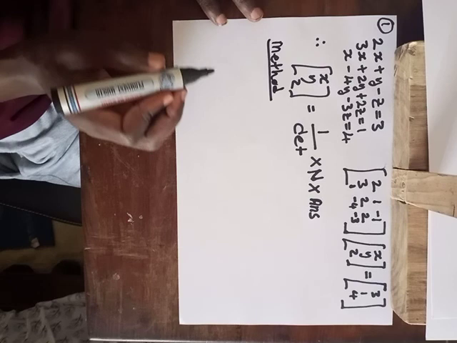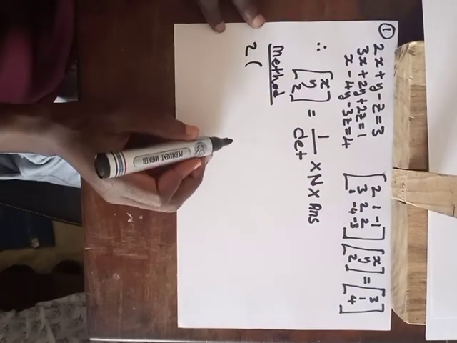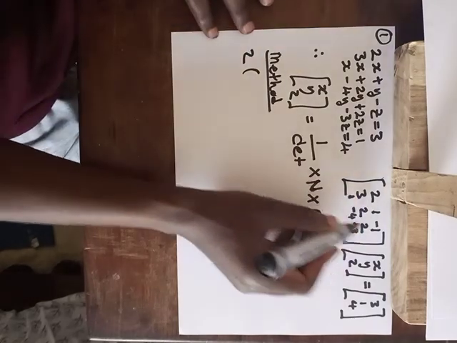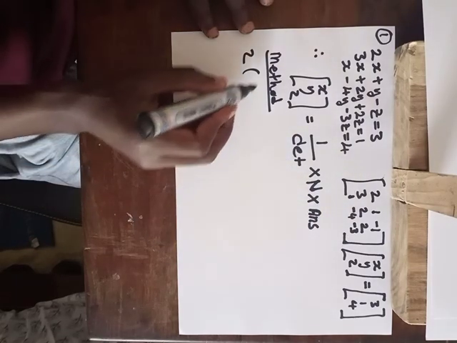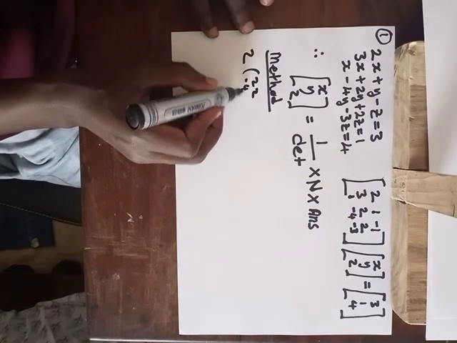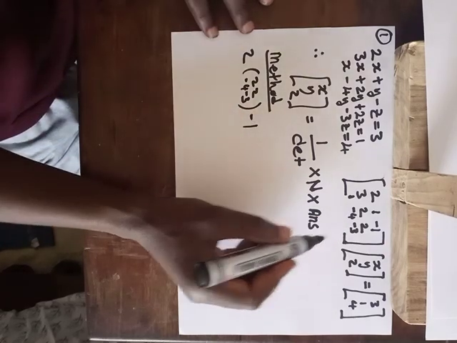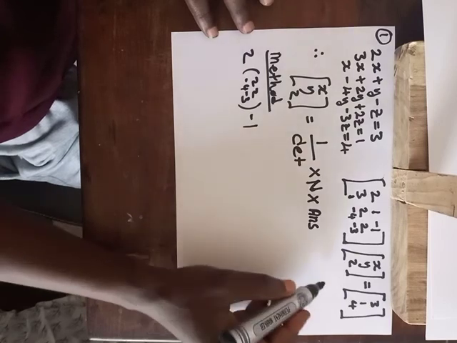With method 1, we can pick our 2 there. If we pick 2 there, what you are going to get in the bracket is, you remain with 2, 2, -4, and -3. So you have your 2, 2, -4, -3 in that manner. Then you have your -1 here, because remember you are using the identity.